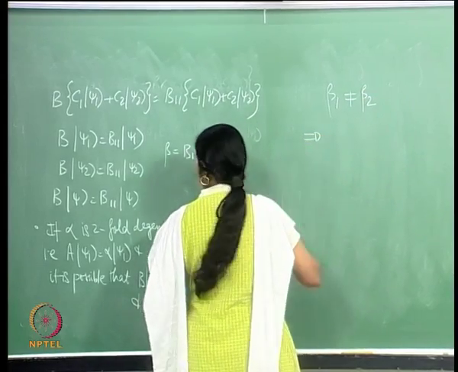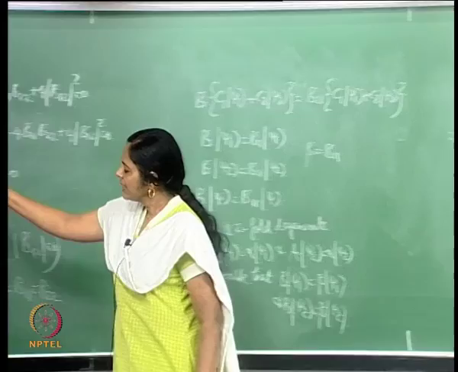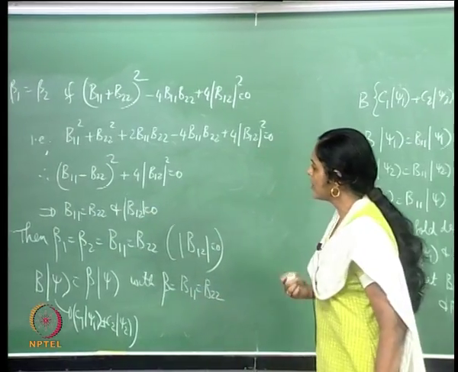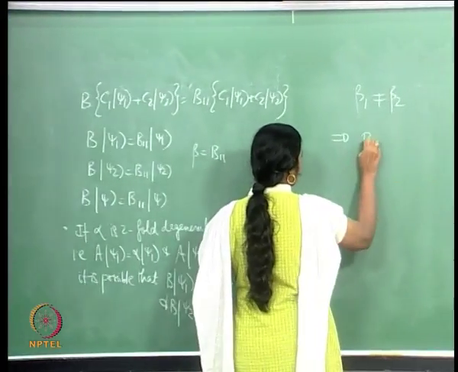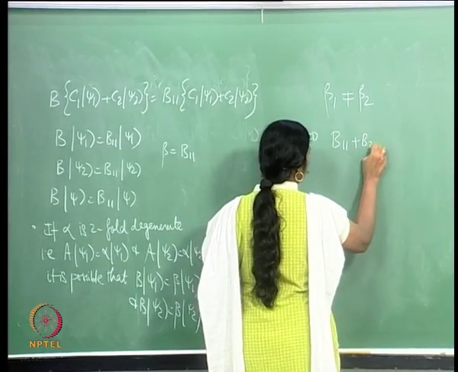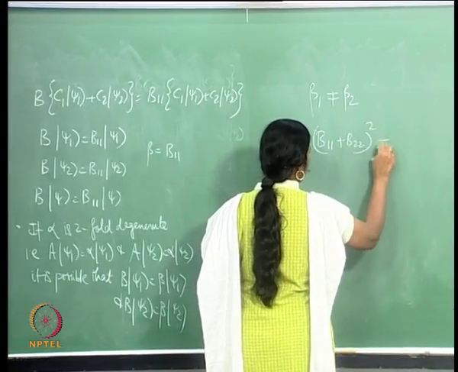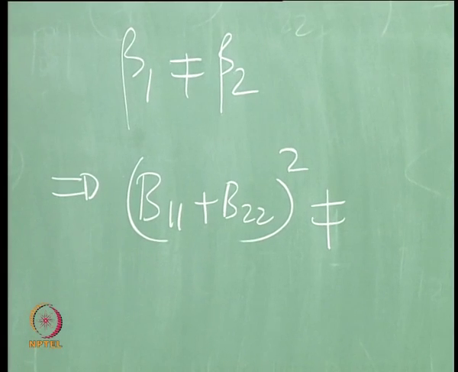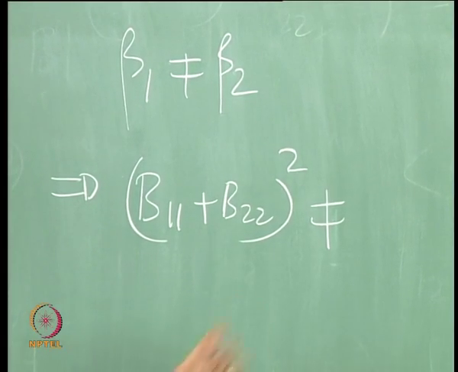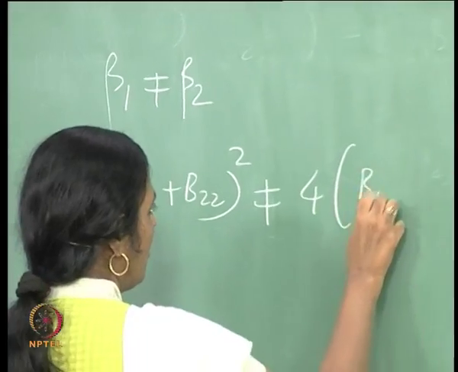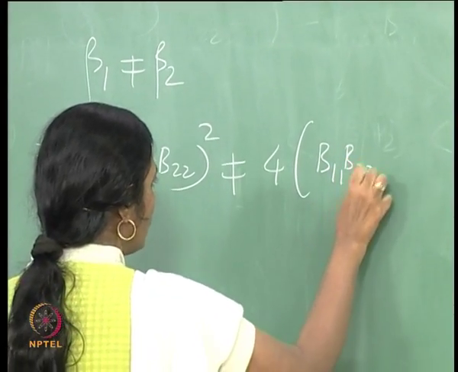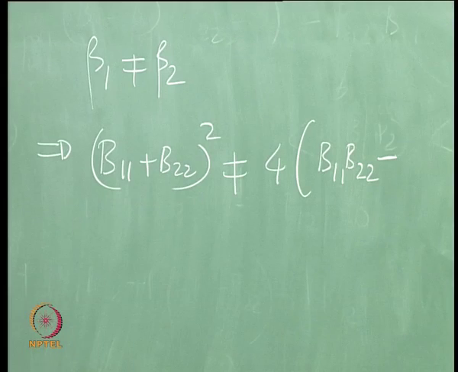What does that mean? That means that that square root is not 0. So, B11 plus B22 the whole squared is not equal to 4 times B11 B22 minus modulus of B12 the whole squared.